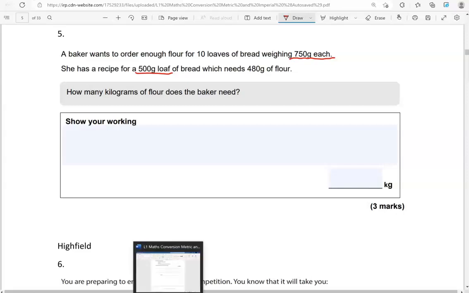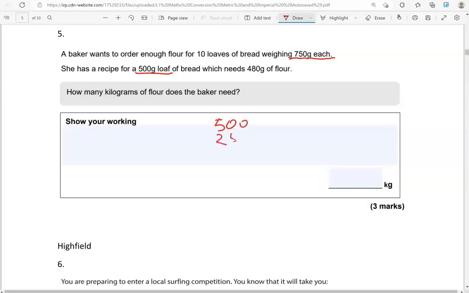If you look at 500 and 750, 750 is 1.5 times 500. So it's 500 and half of it, which is 250. So the same thing will happen with the flour.